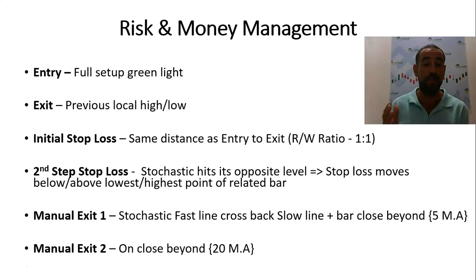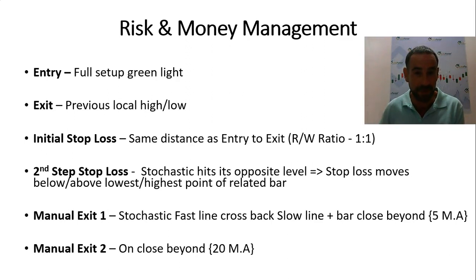Now, like I said, we exit at the previous local high if it's a bullish setup, or low if it's a bearish setup. That's going to be the price target for a particular position. And we're also using an initial stop loss order, which is the same distance from the entry price to the price target.